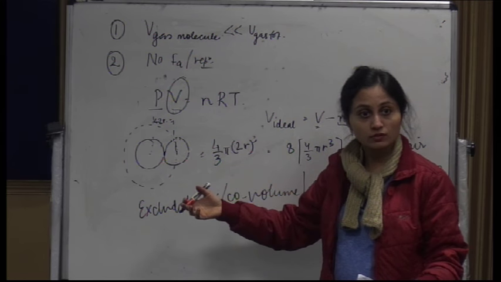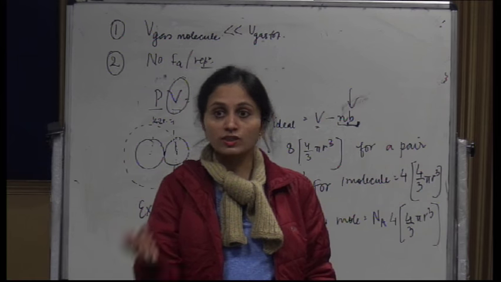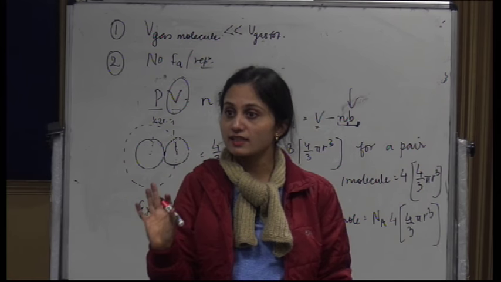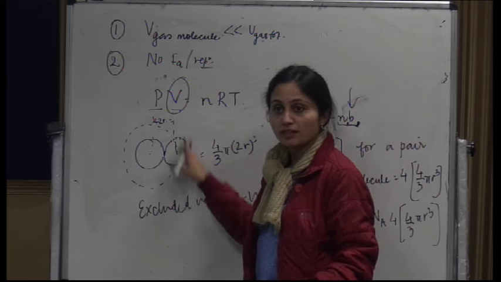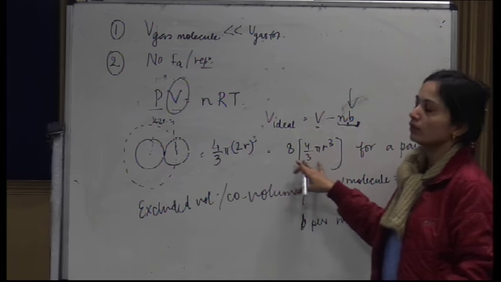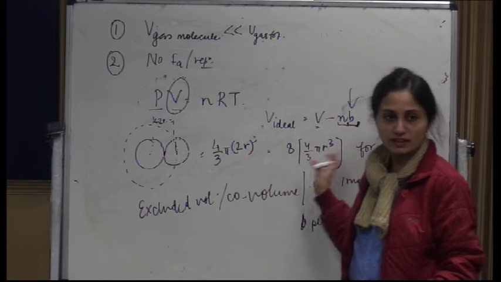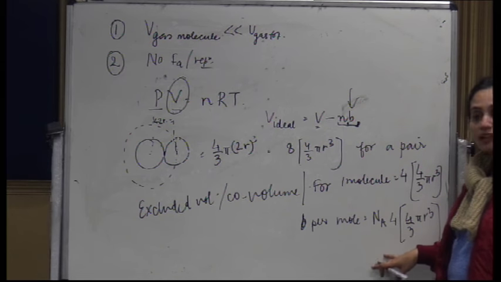Another molecule, and you know that all the molecules are identical in size and shape. So that is why we are taking the r and r to be the same. Okay? And now when they are interacting, this will in totality be known as your excluded co-volume, which is equal to 4 by 3 pi of 2r cube, and then the entire story again. It is for a pair, then this is for a molecule, and this is for a mole.